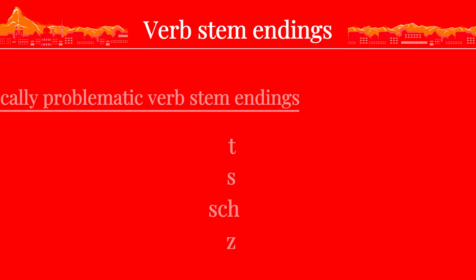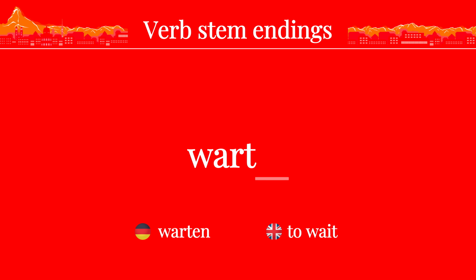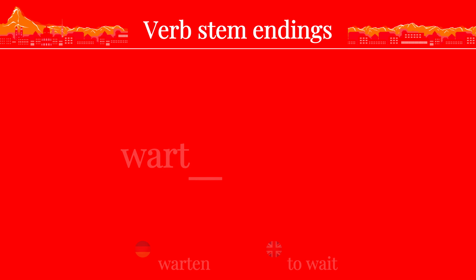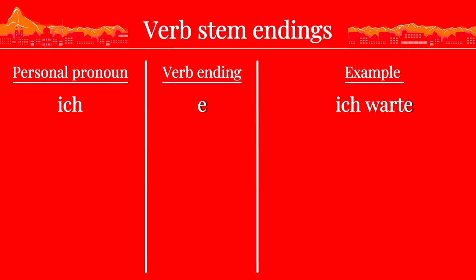Let's take the example warte, to wait. We now have the verb stem wart and need to add the correct endings. In the first person singular, that's not a problem. Ich warte. In the second person singular, it becomes more difficult.